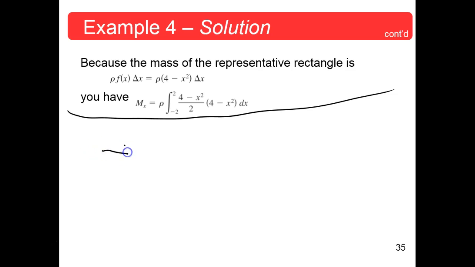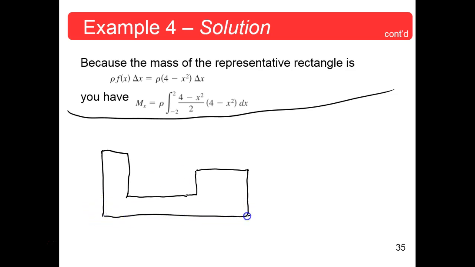It's 1 unit across here, 3 units down, 2 units down here, 3 units across here, 1 unit up here, 2 units across there, 2 units down here, and then connect at the bottom.